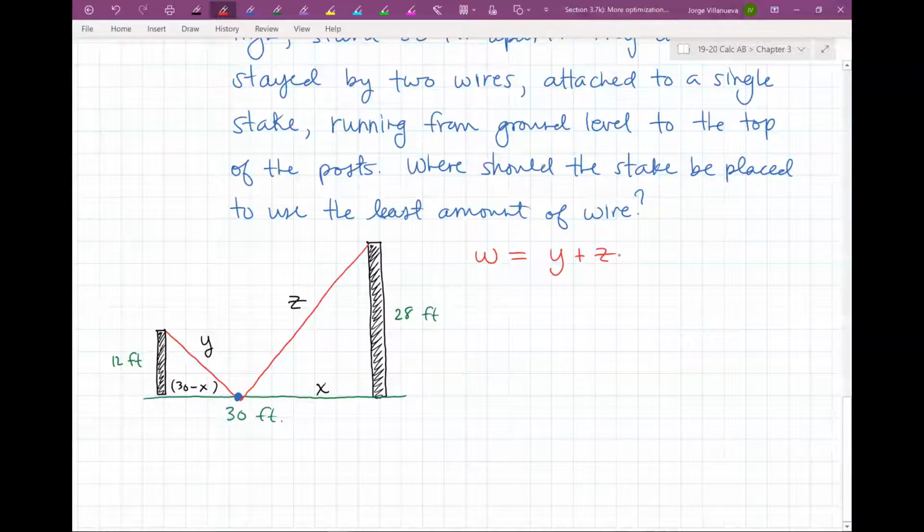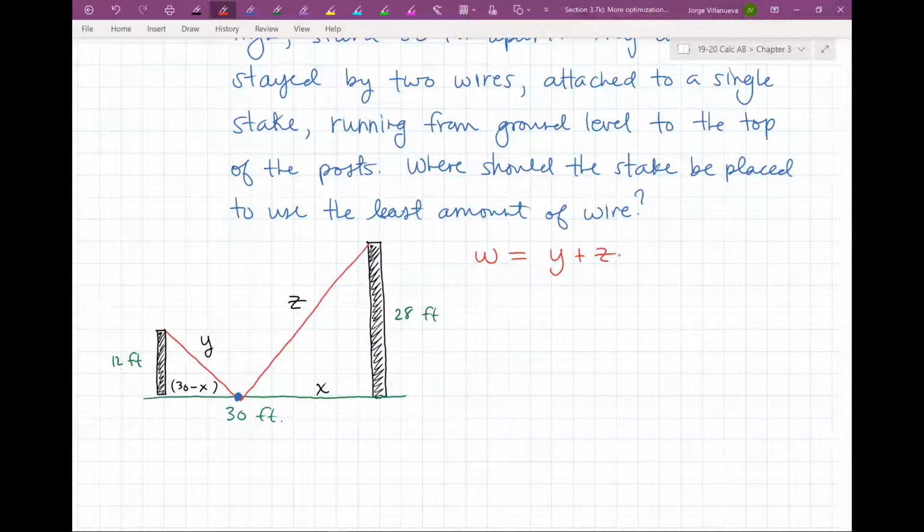So it matters what X is, and once I know what X is, Z is going to change, Y is going to change, and the 30 minus X is going to change. Everything's going to change, so it's important I figure out that value of X. So let's write some formulas for the first triangle and the second triangle. My whole purpose is to optimize the wire, correct?